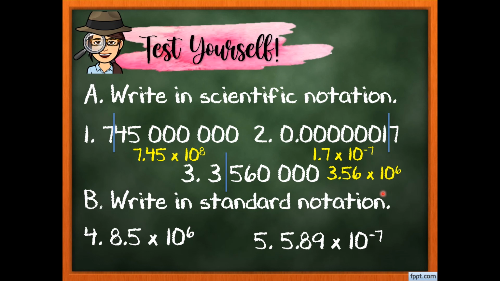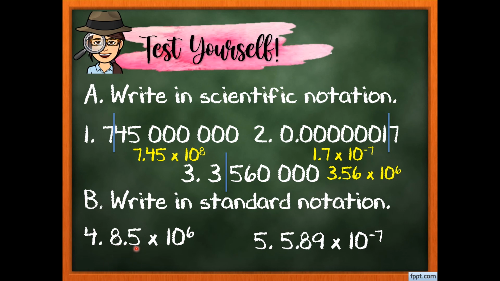Then letter B, write in standard notation. Given is 8.5 times 10 to the 6th power. So, positive, it means that the given scientific notation is a bigger number. So, we will write 8.5. So, we will remove the decimal point. So, it will become 85.